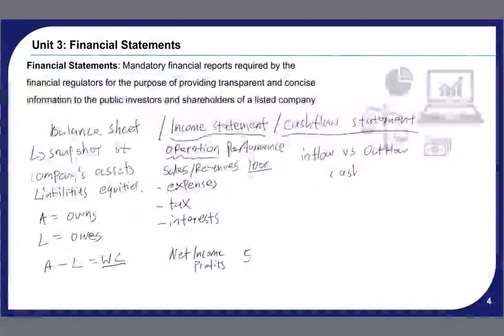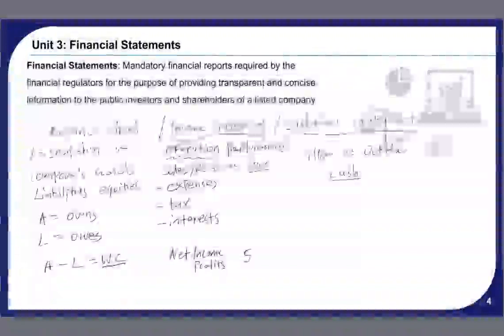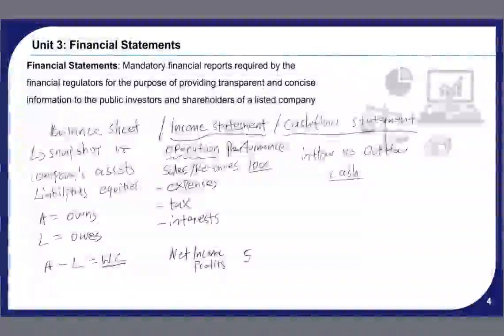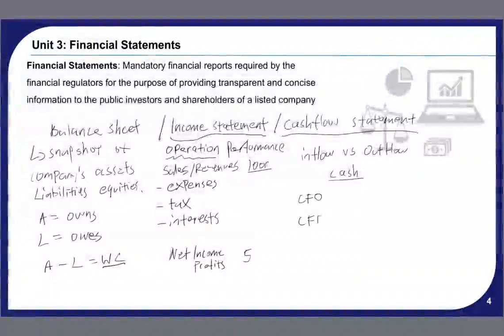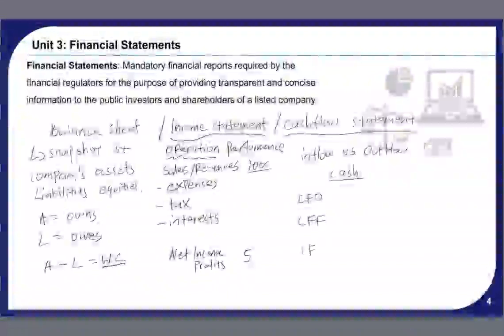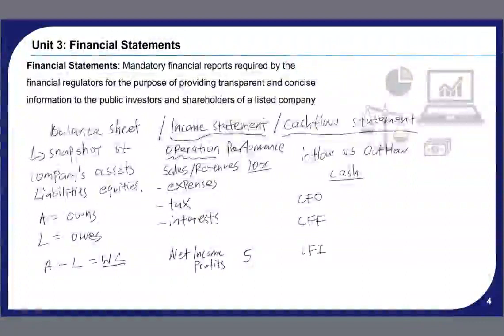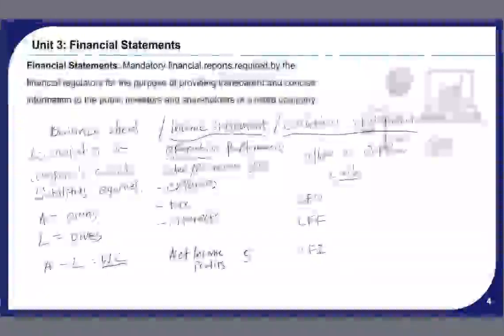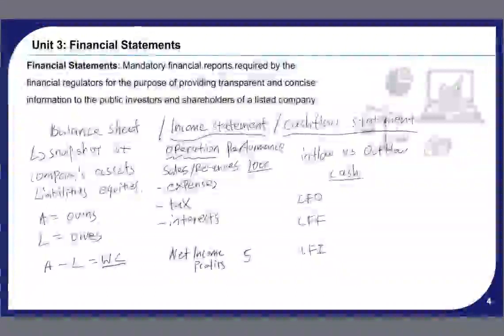If you look at the cash flow statement, you'll see different sections: cash flow from operations, cash flow from financing activities, and cash flow from investing activities and such. Different items go to different sub-accounts here. But what does this provide in terms of the knowledge that we need?